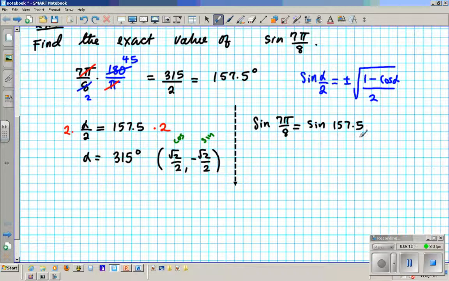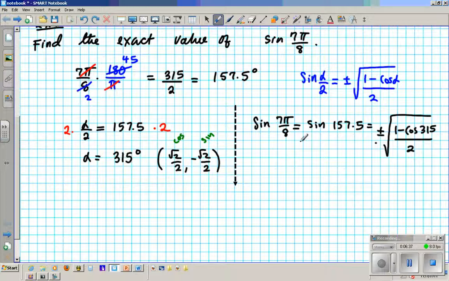Alright? And then when I plug it into the formula, it is equal to plus or minus the square root of 1 minus cosine 315 divided by 2. Remember, it's double the angle that goes here. It's alpha that goes here. Remember, alpha is 315.